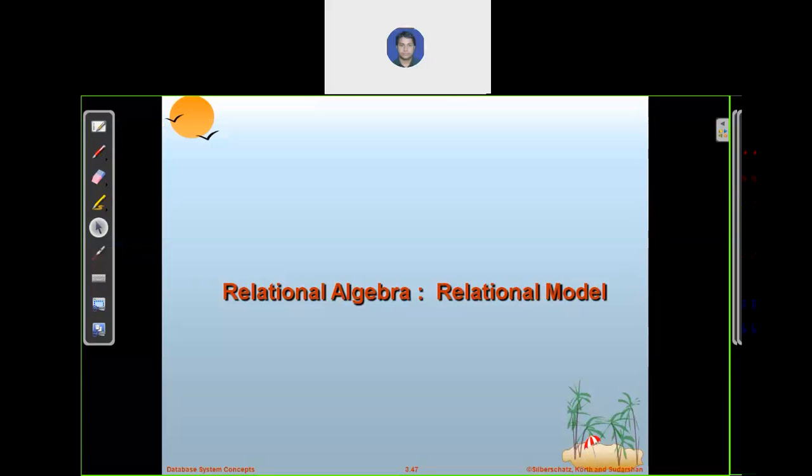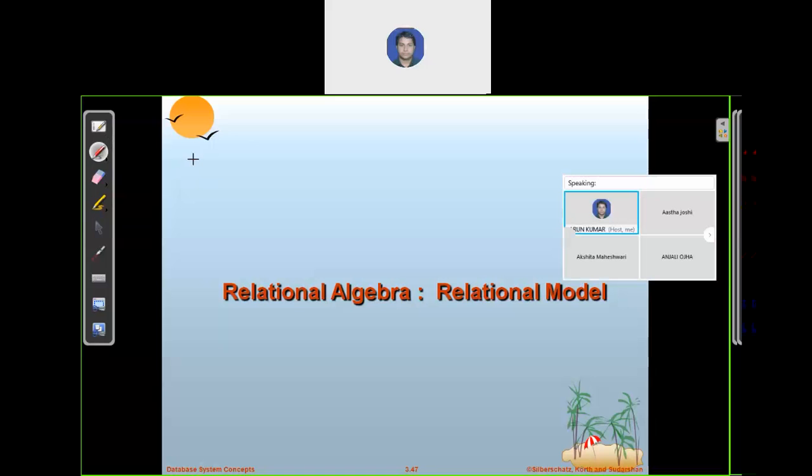Okay, we are discussing relational algebra. In this relational algebra, we saw several relational algebraic operations. First, we have seen the select operation.